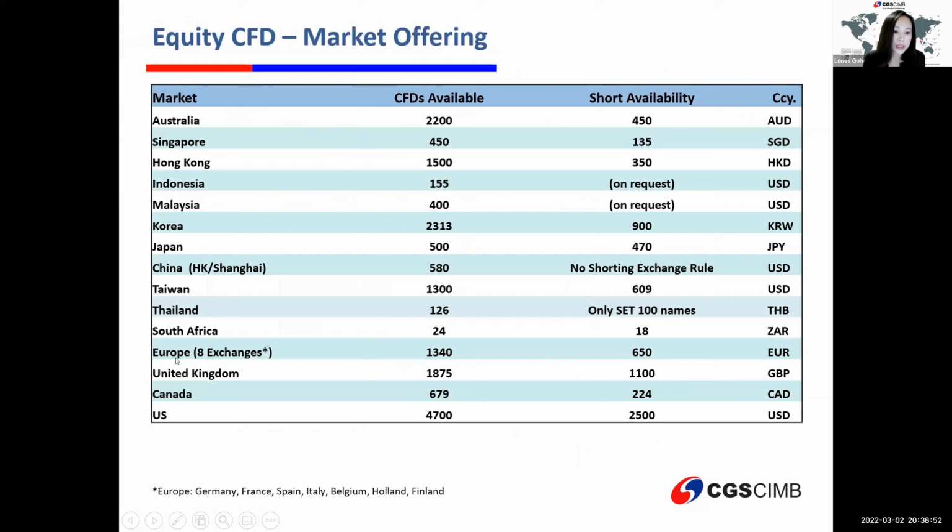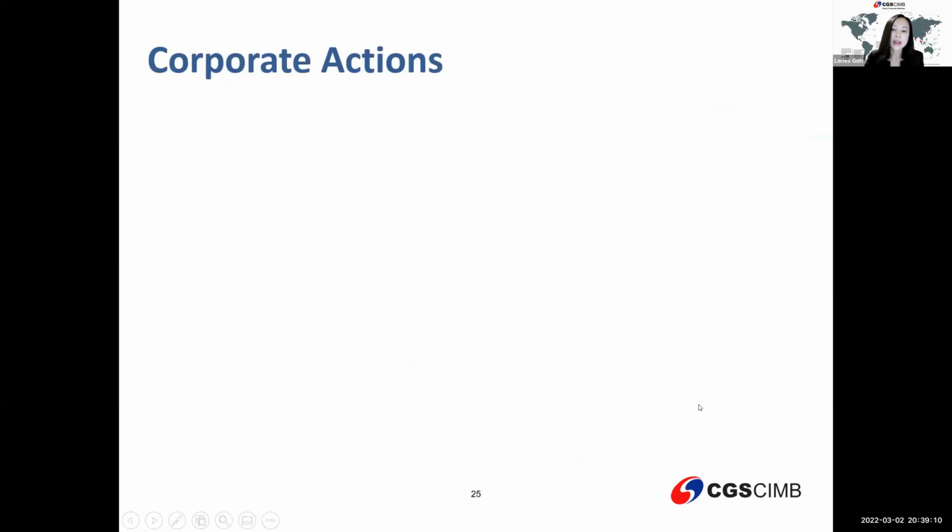You can see a lot of countries, and we even have access to China through the Hong Kong Shanghai Connect. The US has a lot of counters to trade. Even on the short side, there are thousands of counters available for short selling. And for shares, even though you trade under CFD, it's very similar to traditional cash trading. How you trade is exactly the same.